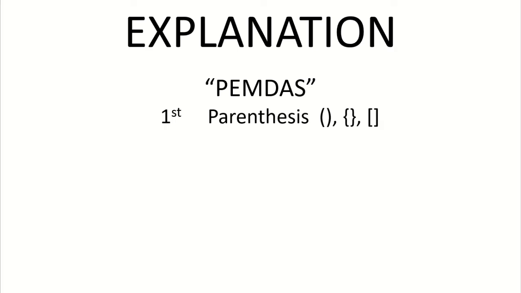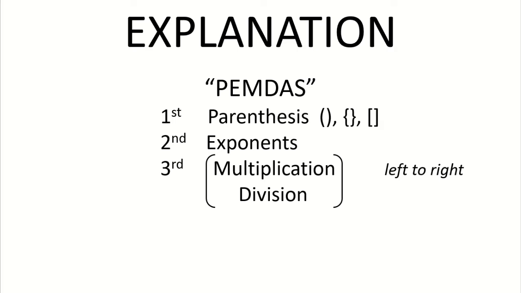So the operations that are grouped or inside the parentheses need to be solved first, where parentheses can be round brackets, curly brackets, or square brackets. The next operation that needs to be solved according to the order of operations is exponents. After that, we have multiplication and division.